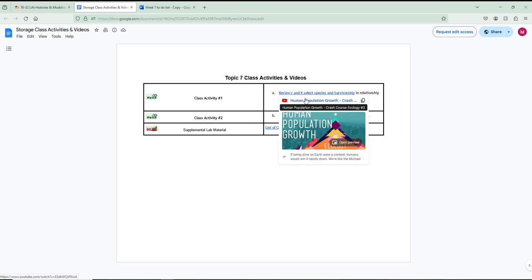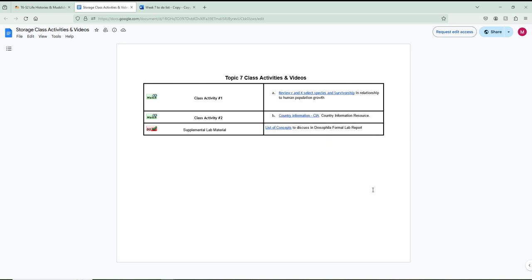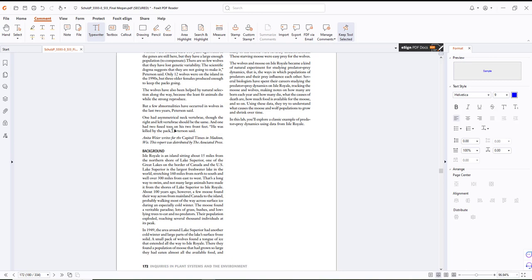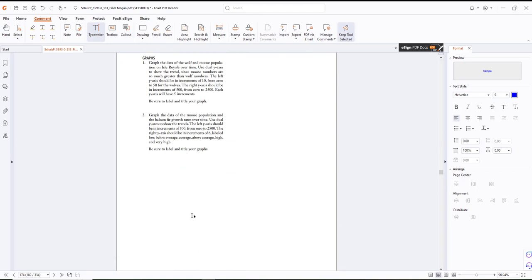You'll watch a video on human population growth and look at the difference between R select species, their characteristics and survivorship, versus K select species, and then we'll relate that to human population growth. You will also read about that in our workbook.